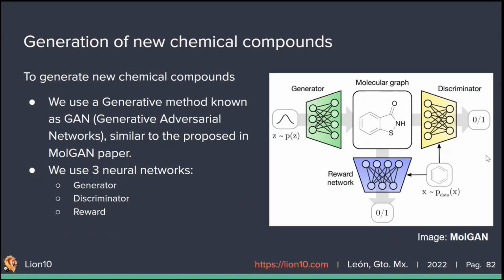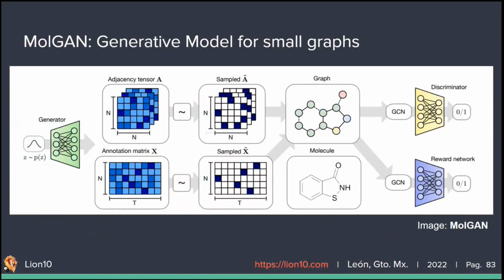We're going to backpropagate both of these scores and iteratively learn a better model that's going to optimize for properties and optimize for chemical structure validity. And that's pretty much graph generation for chemical compounds.